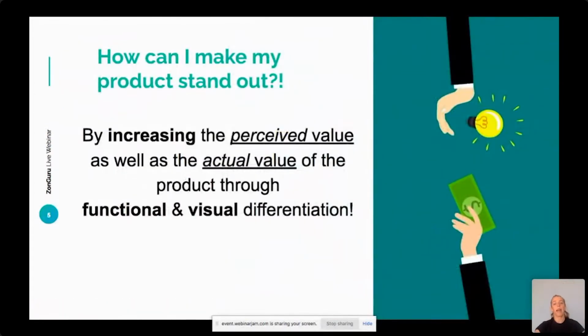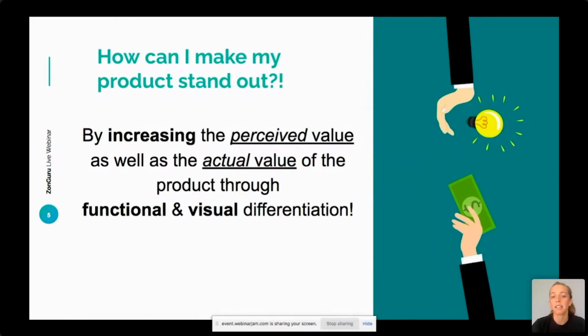All right, but you're asking, how do I make my product stand out? Okay, this is a bit of a mouthful: by increasing the perceived value as well as the actual value of the product through functional and visual differentiation. So I'm going to break that sentence down a bit. What is perceived value? Perceived value is subjective. It is the worth that someone gives an object, based on their personality and past life experiences.